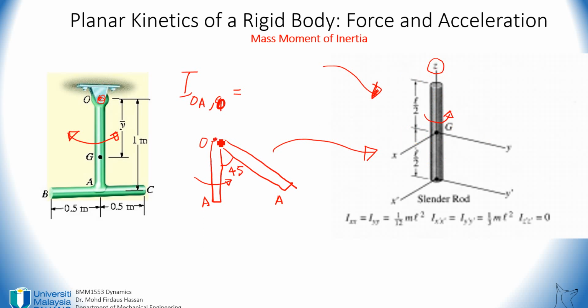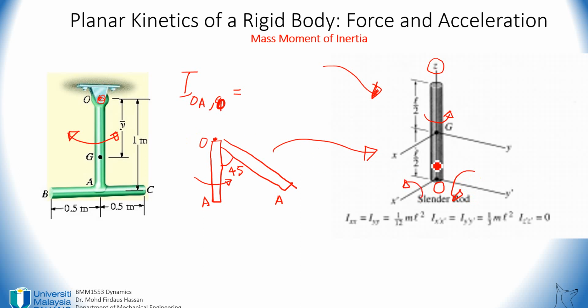Looks like you can choose either, of course, this point O. So you can imagine that this rod can rotate about either the Y axis or the X axis.